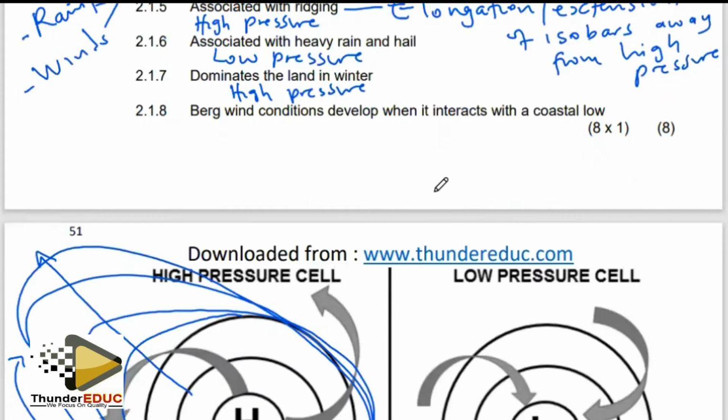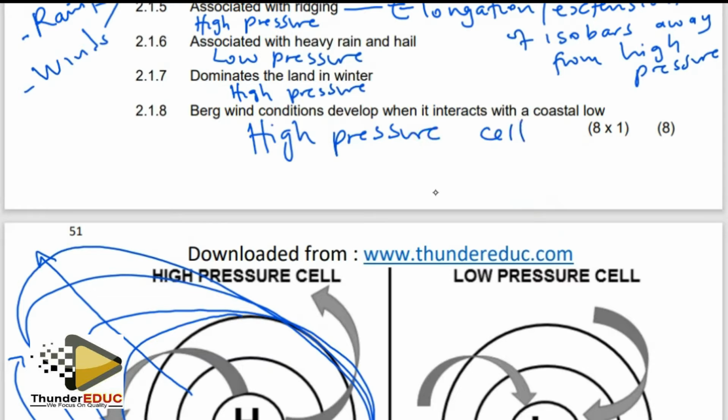So big wind conditions develop when it interacts with a coastal low. That would be a high pressure cell.